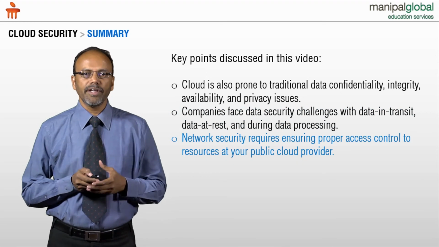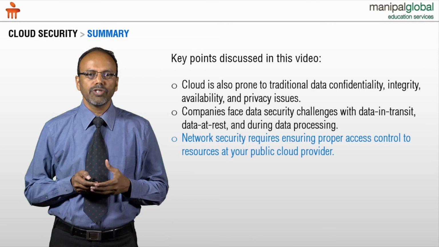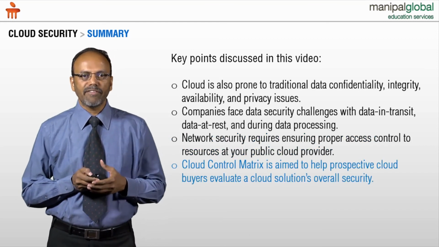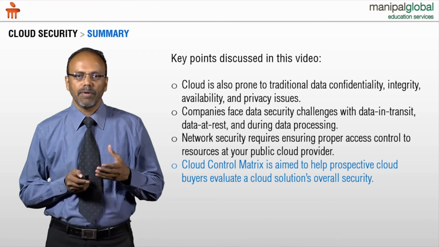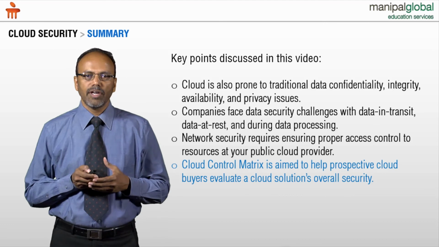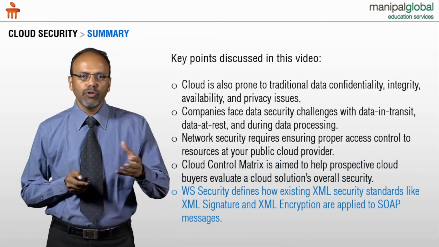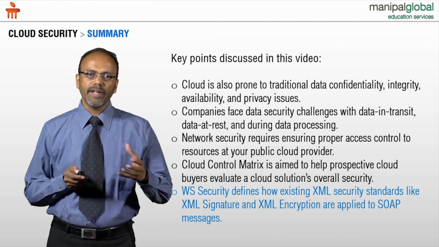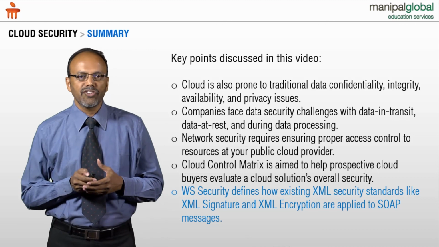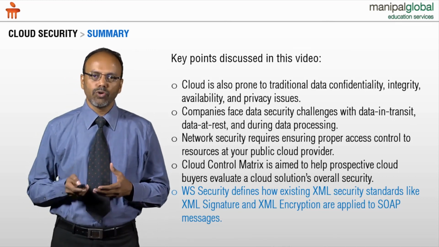Network security requires ensuring proper access control to the resources of your public cloud provider. The cloud control matrix is aimed to help prospective cloud buyers evaluate cloud solutions against the security provided by the cloud provider. And WS security defines how existing XML security standards like XML signature and XML encryption are applied to the SOAP messages.